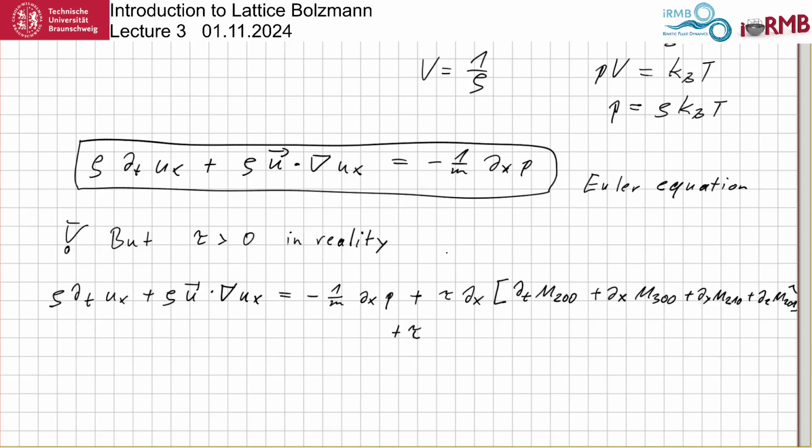So there's the same tau, dz, not dz, dy, and now comes the y component.